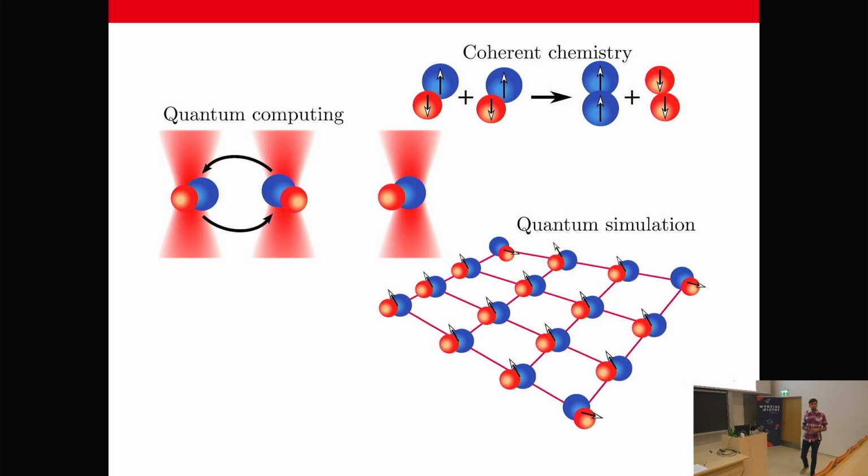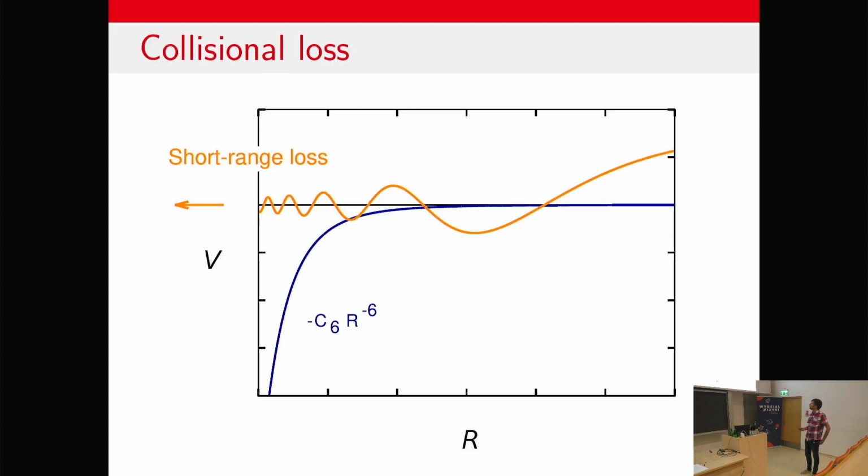One of the obstacles in obtaining this is the fact that molecules undergo loss in collisions. This is a schematic of the loss process. We don't really know what happens, but we think that molecules undergo collisional loss whenever two molecules come close together.